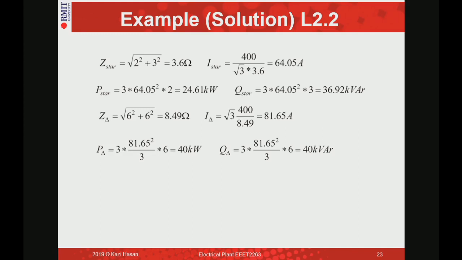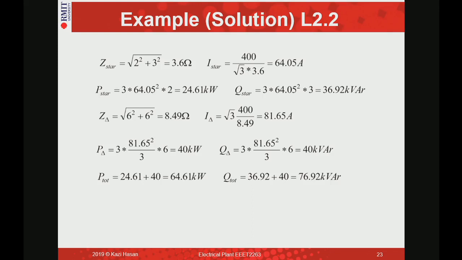When we square it, that becomes 81.65 squared divided by 3. So the current we consider here is the phase current, and similarly for the reactive power for your delta connected load.